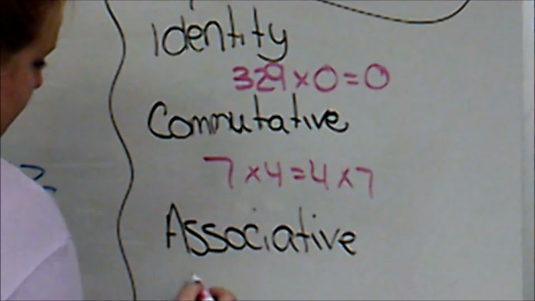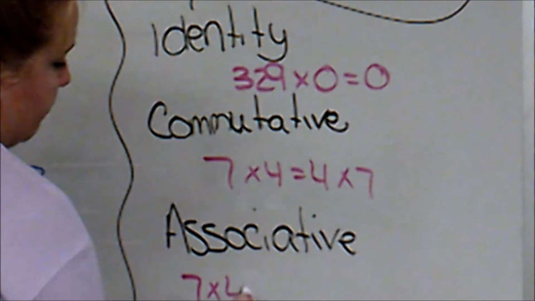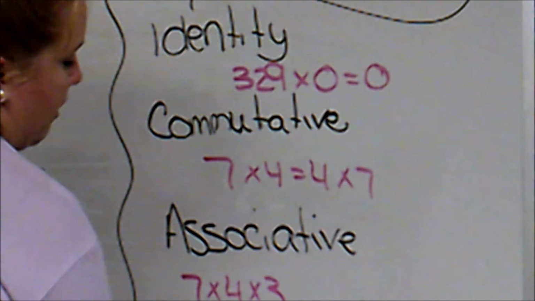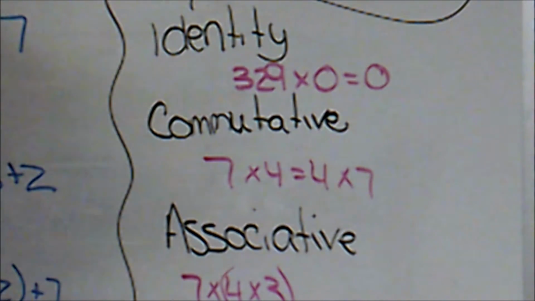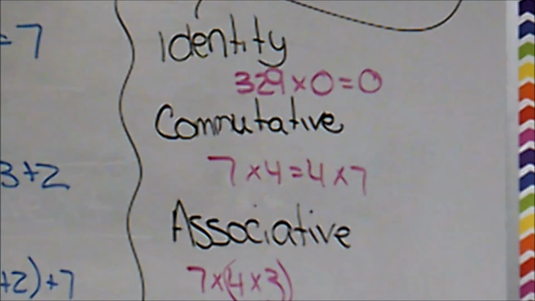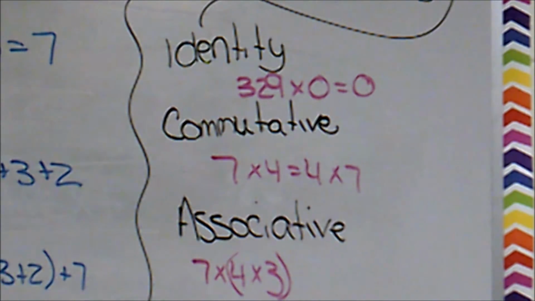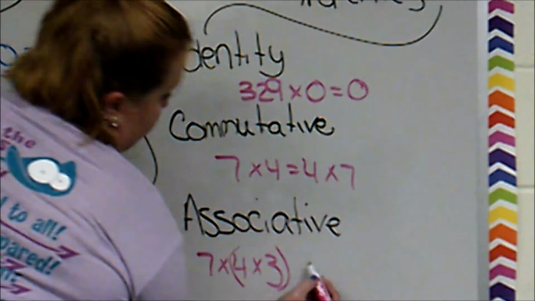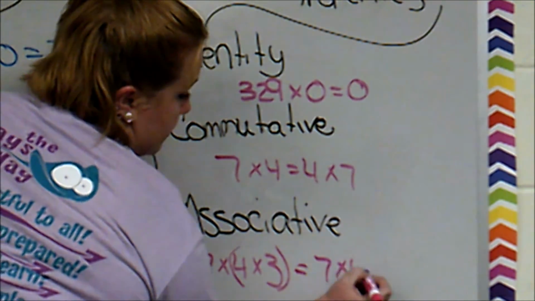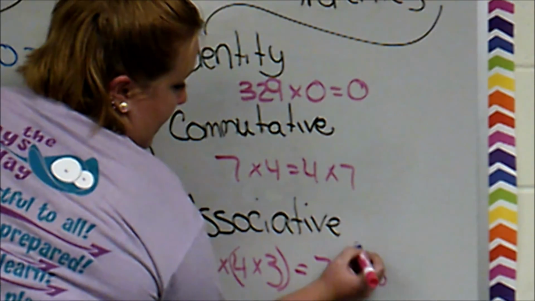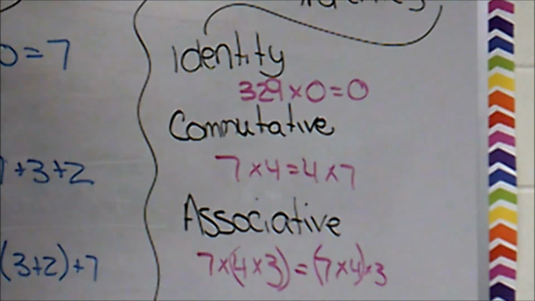So working the same thing, 7 times 4 times 3, putting my parentheses around my 4 and my 3, would give me the same product as having those same numbers, but having the parentheses, the brackets, the braces around 2 different numbers instead.